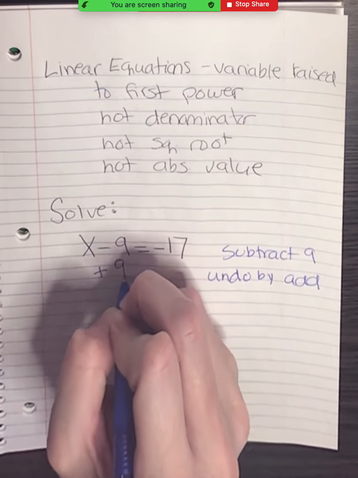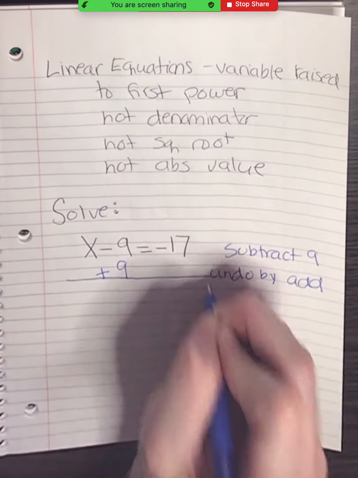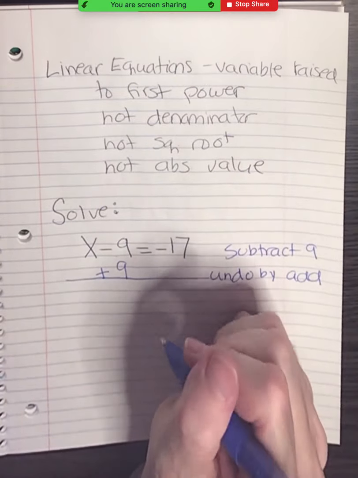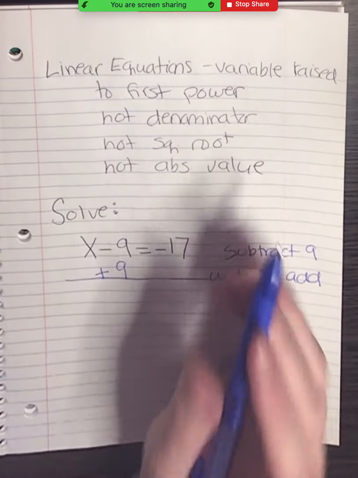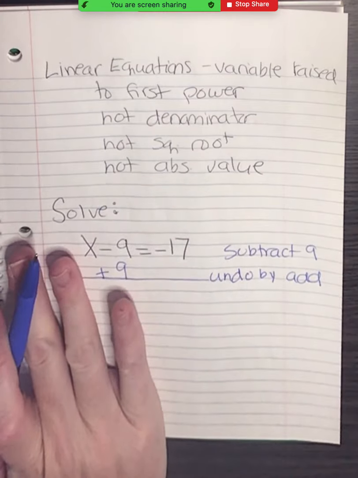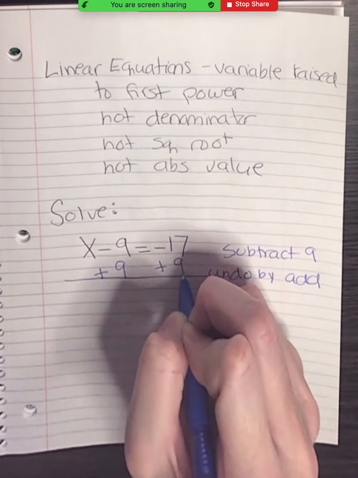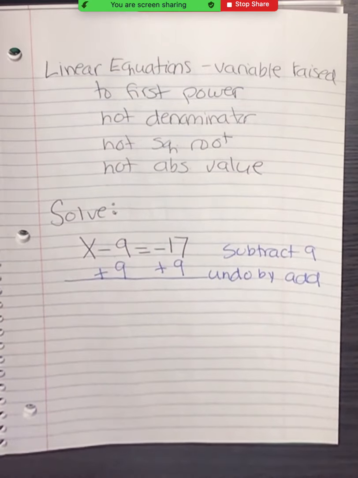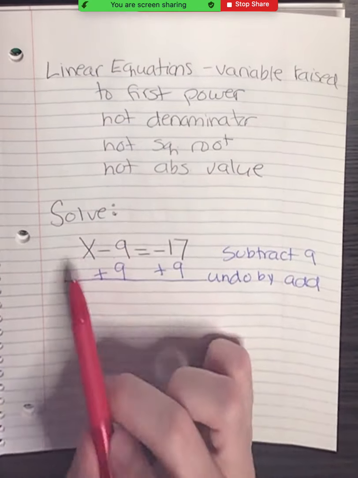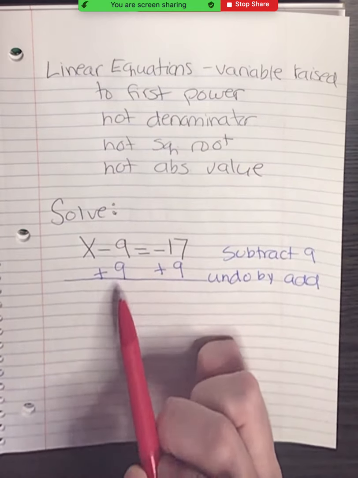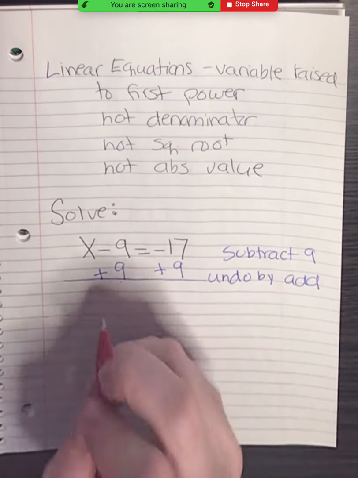Then I have negative 17 plus 9, right? Which we said 17 minus 9, and then attach the negative because 17 is negative. So x is negative 8. Okay?